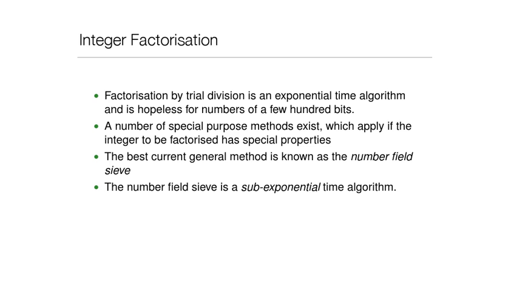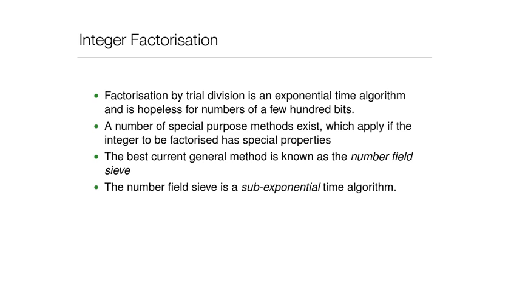And then we talk about integer factorization. Factorization by trivial division is an exponential time algorithm and is hopeless for numbers of a few hundred bits. Factorization means that when a number is given, we divide this number into prime factors.